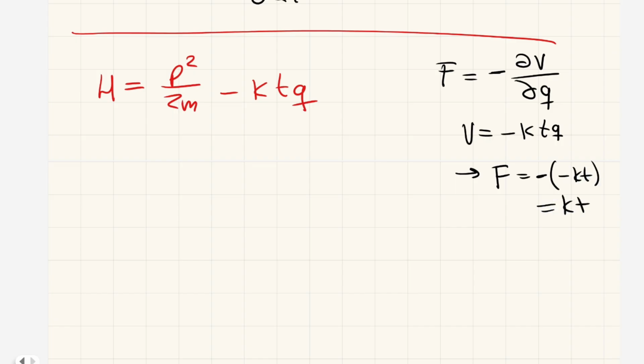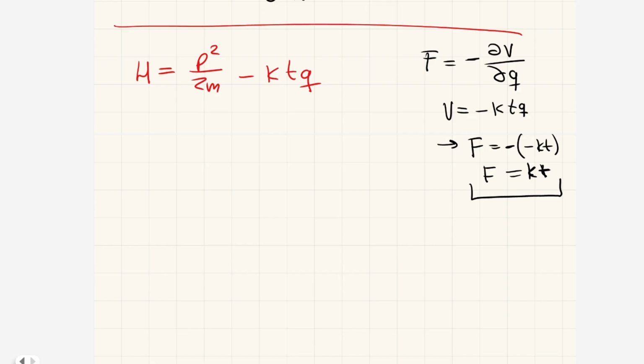Okay, the thing here is that we can see that this Hamiltonian corresponds to a particle that is under the influence of a force that has this form over here. I mean, there is a force acting on that particle that is proportional to the time, and here K is of course a constant. And this term obviously corresponds to its kinetic energy.